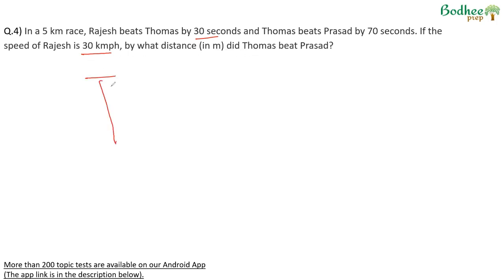So when Rajesh reaches the end point, at this point, Thomas is 30 seconds behind. And when Thomas reaches the end point, at this point, Prasad is 70 seconds behind.